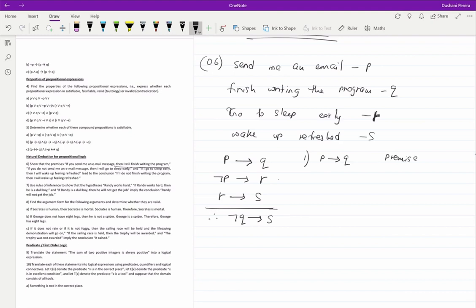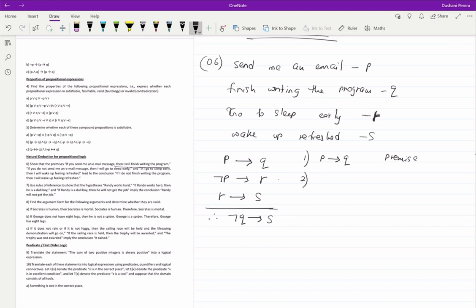In order to get the answer here, if you pause the video and try this question, then you might have encountered a bit of an issue here. So what I do in order to get the answer easily is I'm going to get the contrapositive of the first premise.